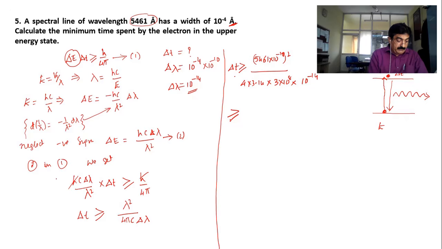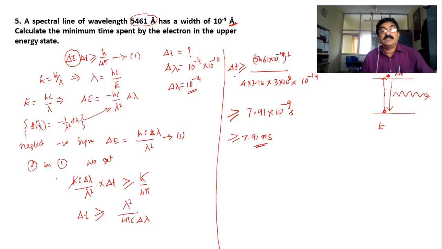So this comes out to be 7.91 into 10 to the power of minus 9 second, or it is 7.91 nanosecond. Okay, that's all about this question.